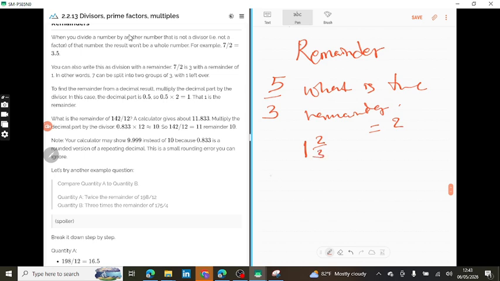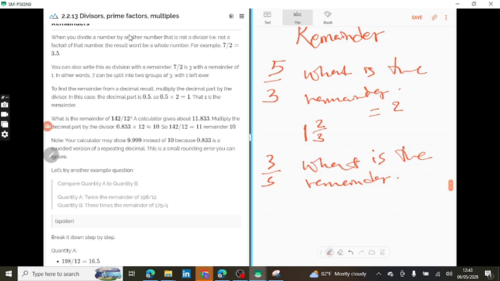Okay, so what is the remainder? 3 over 5. I've turned it upside down. If you have 3 over 5, what is the remainder?